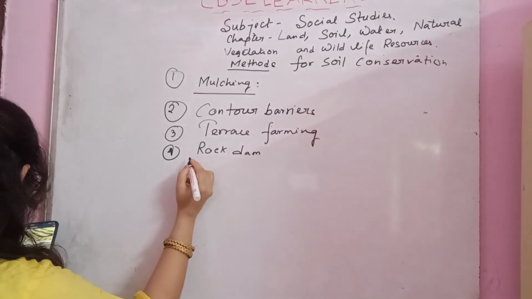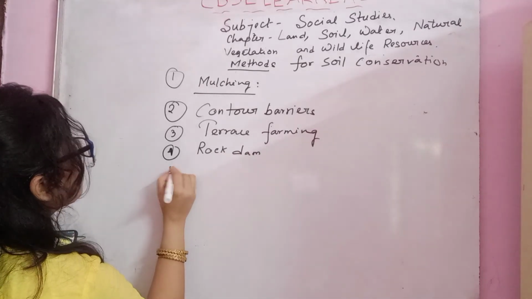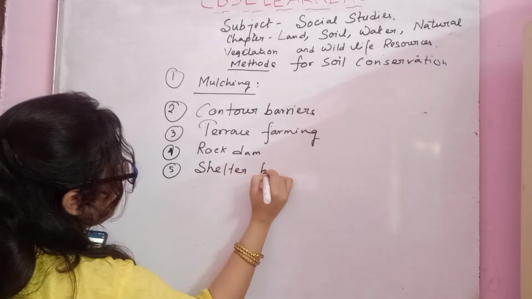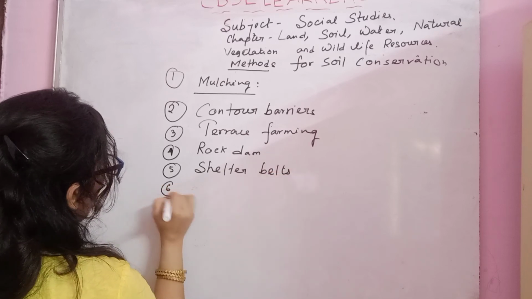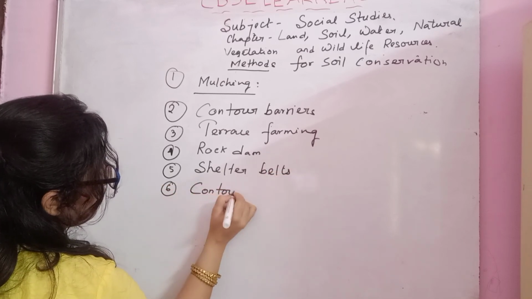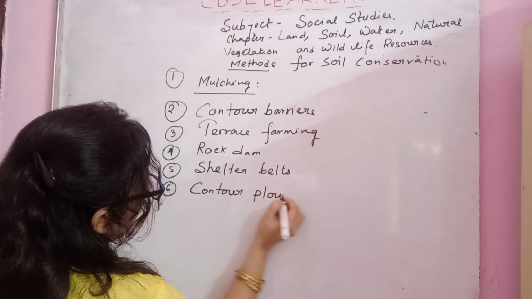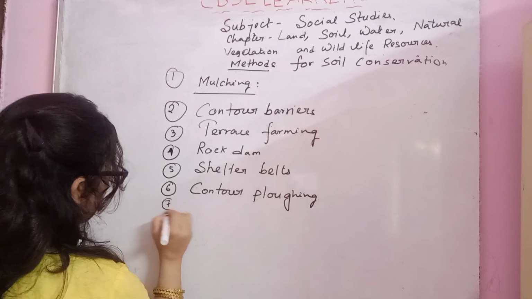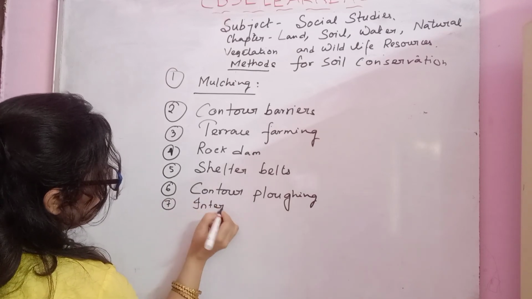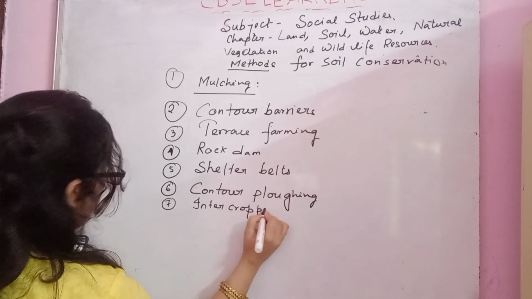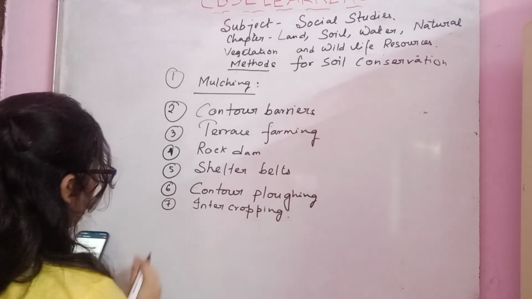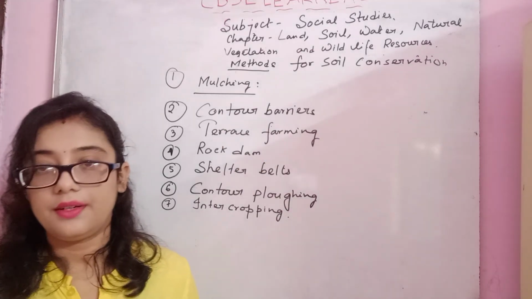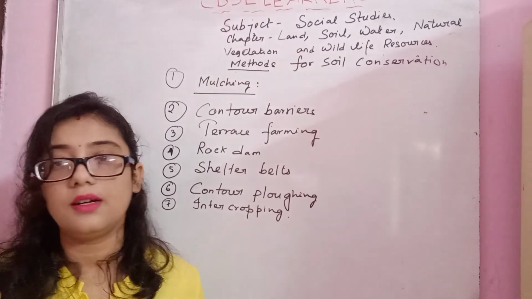Next is contour plowing, shelter beds, intercropping, etc.